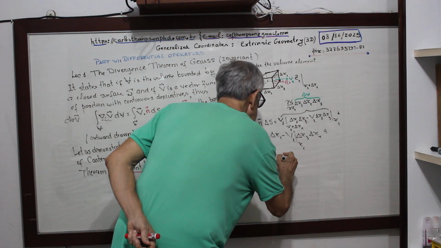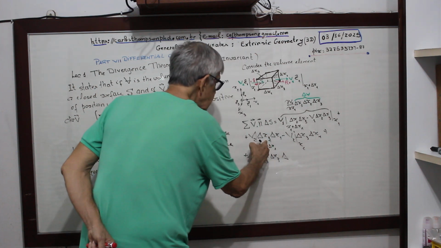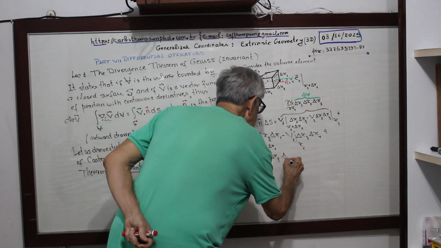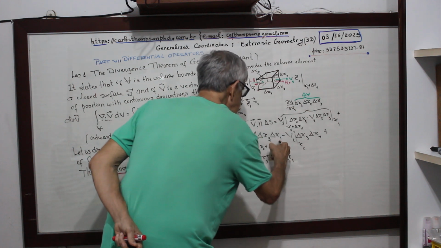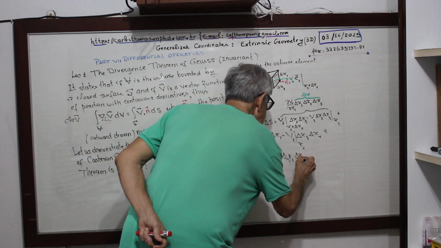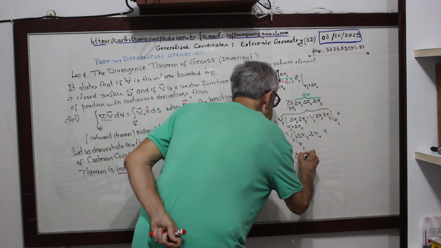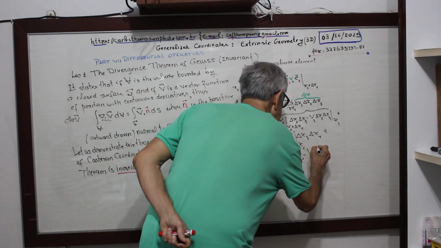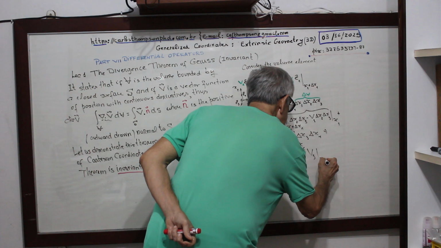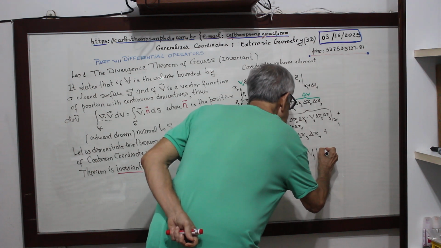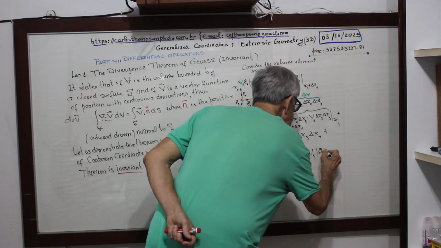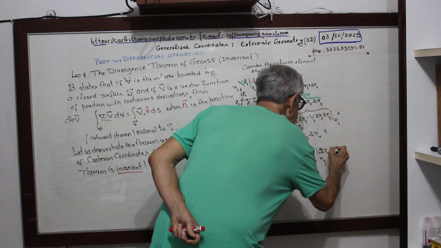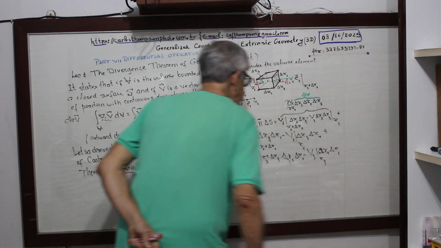The area is, after x3 comes x1, after x1 comes x2, minus V3 at x3, times delta x1 delta x2.